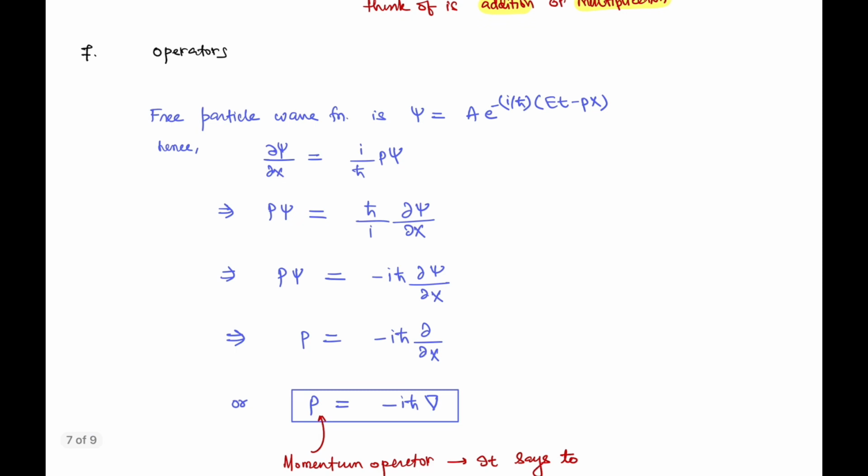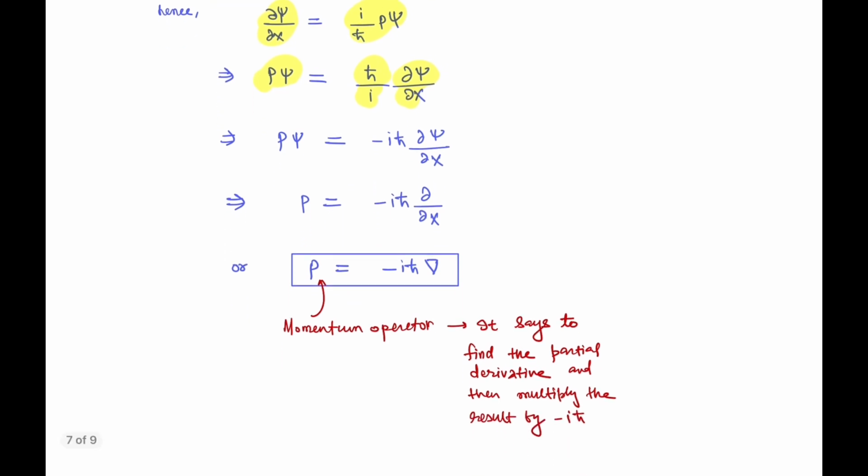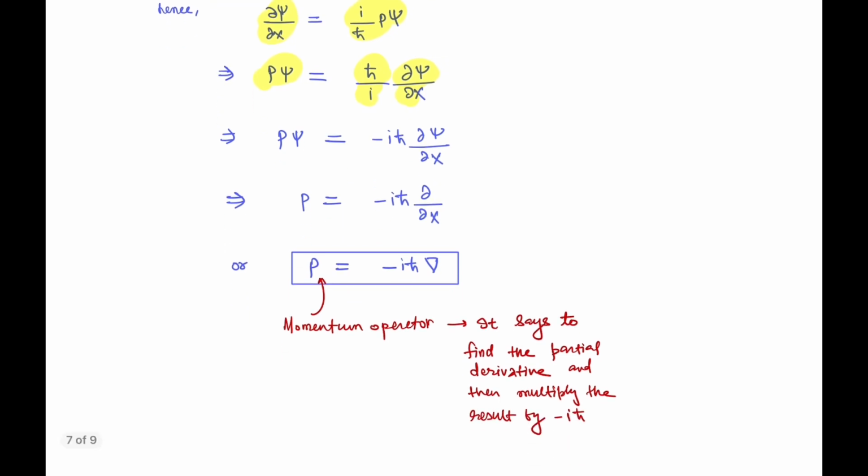Now let us know about operators. The free particle wave function is given by this value. When you differentiate that partially with respect to x, you simply get i divided by h bar, p psi. From here you separate out p psi to get h bar by i times the differentiation of psi with respect to x.